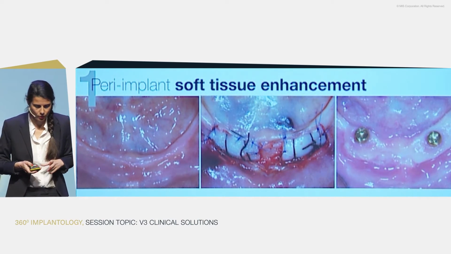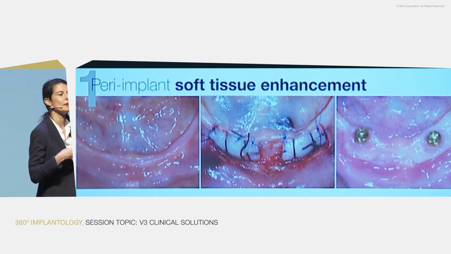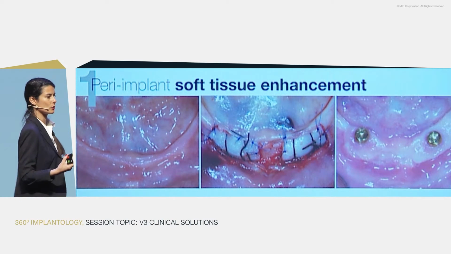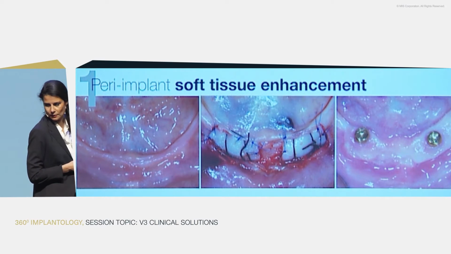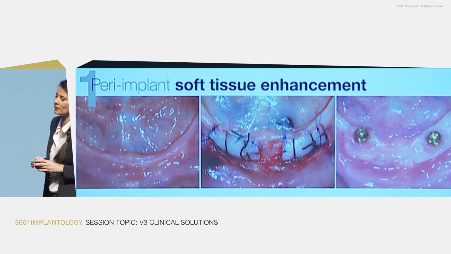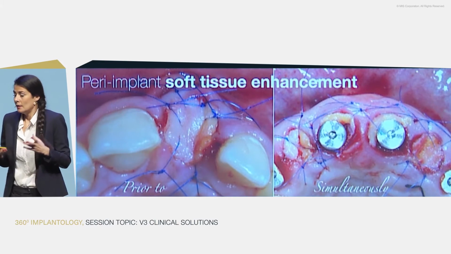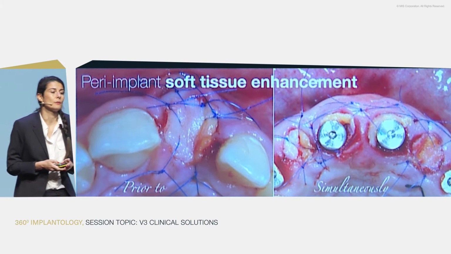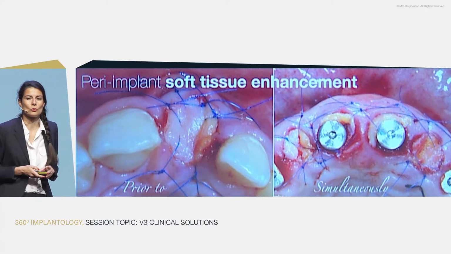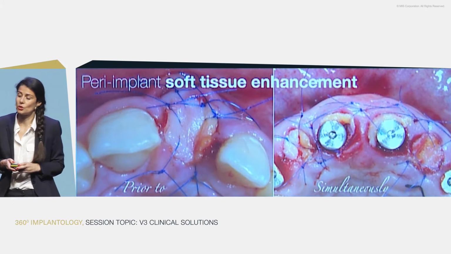And of course, we can observe afterwards a very nice peri-implant soft tissue. And I think this is probably better for long-term success of the implants. Similar thing for the anterior zone. There we would rather use a connective tissue graft.